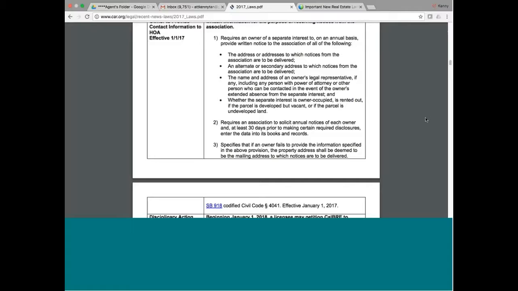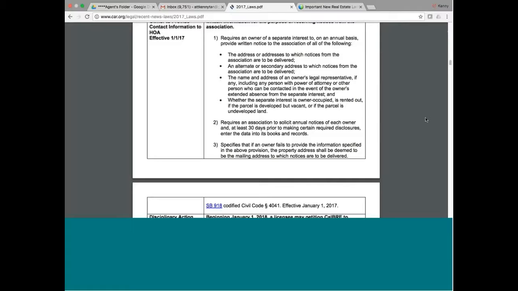Okay. So now, why is it important that notices are being sent to the property address? Well, so one thing for sure, sometimes the association needs to communicate with you because your tenant has committed certain violations of the CC&R.